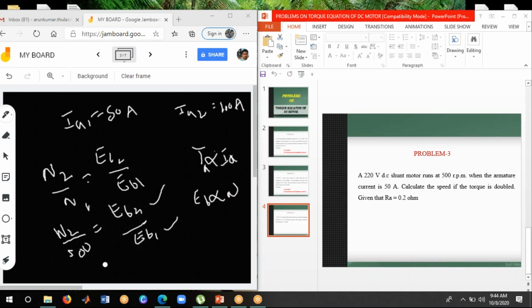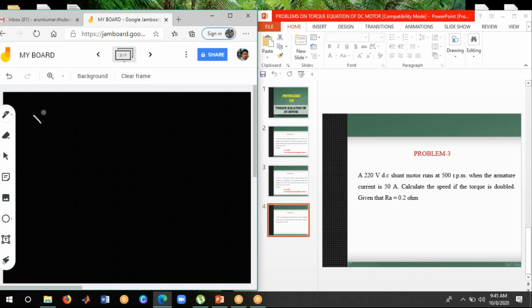First I am going to write EB1. EB1 equals V minus IA1 RA. A minus comes here because normally the formula is V equals EB plus IARA. Remember this carefully. V equals EB plus IARA. This is the voltage equation for a DC motor.